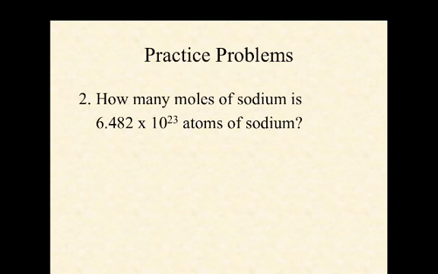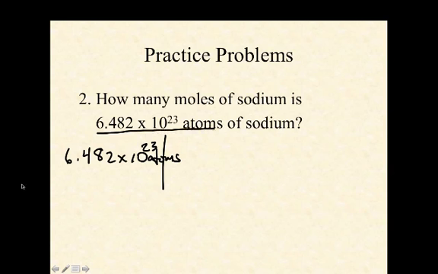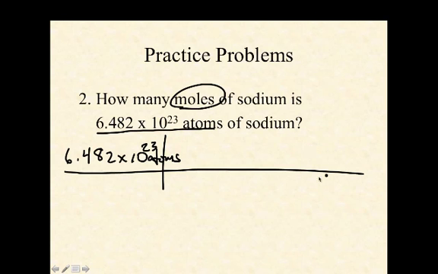How many moles of sodium is 6.482 times 10 to the 23 atoms of sodium? All right, well, let's make a t-table. And we're going to start with atoms, because that's what we're given. We take what we're given and we put that on the starting line of our t-table. Now what's my target? Moles. So I want to end up with moles here.